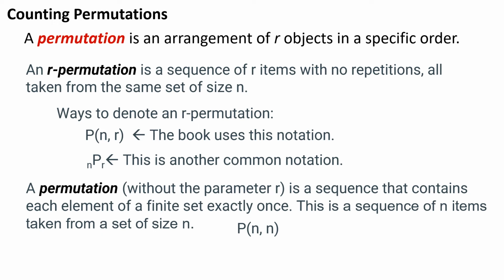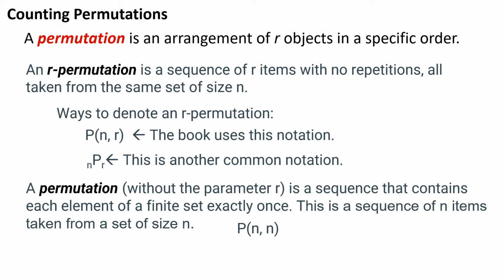So it says this is a sequence of n items taken from a set of size n. So the second number is the same as the first, because we're not just picking some of the objects out and arranging them, but we're going to take all of the objects that are possible and arrange them. So that would be this permutation of n things taken n at a time.